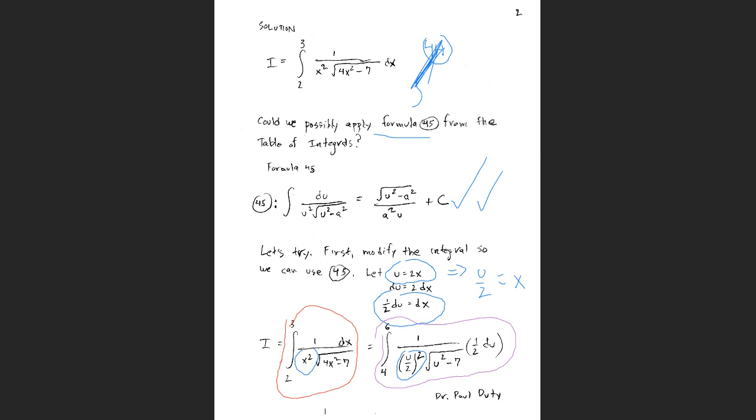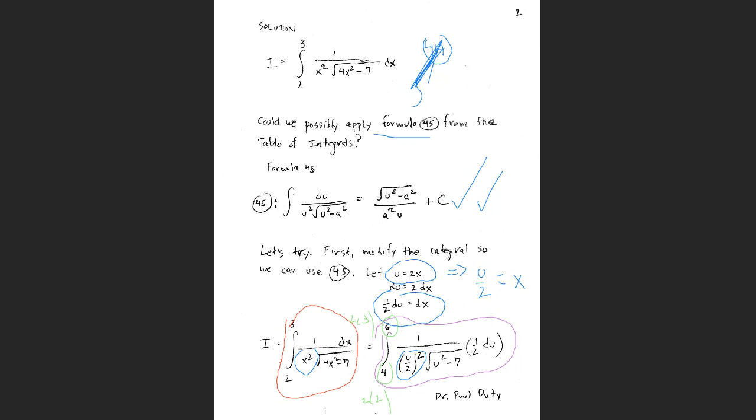And incidentally, the new limits, our u limits, are going to be 6 and 4, because u is 2 times x. So 2 times 3 is 6, and 2 times 2 is 4. That's correct, Sandia.